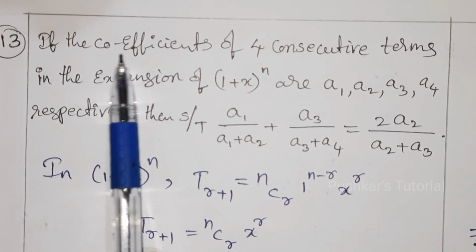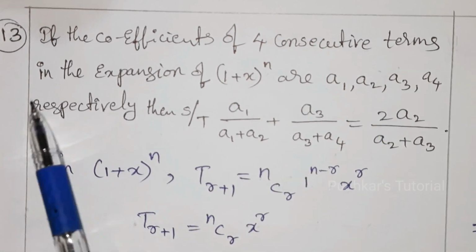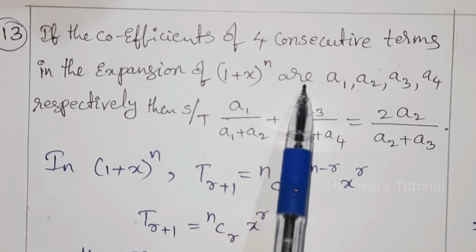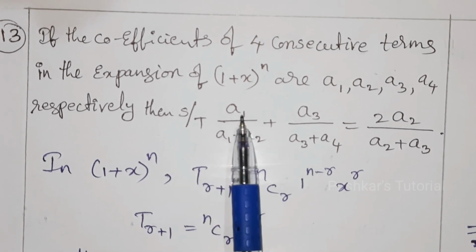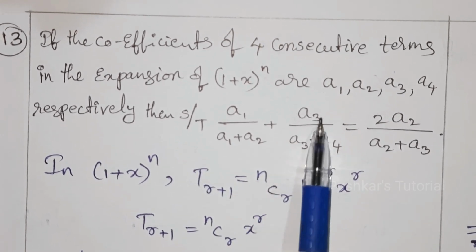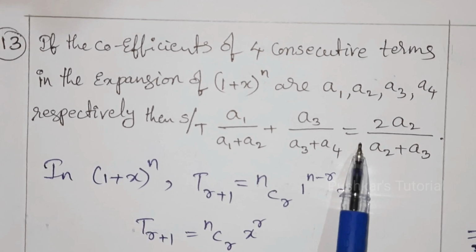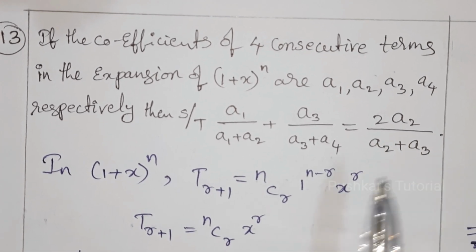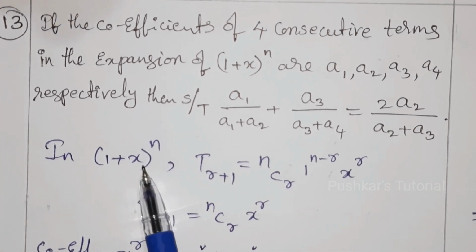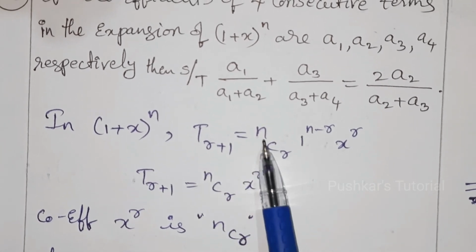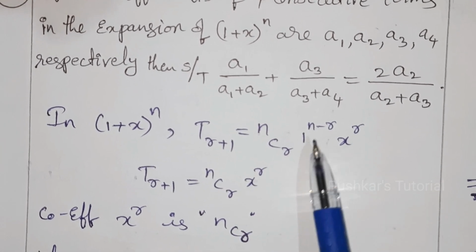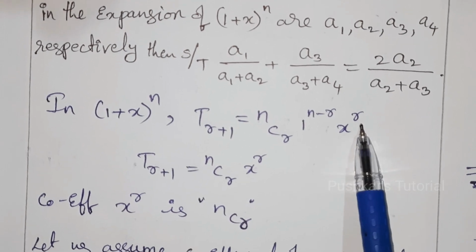Next, if the coefficients of 4 consecutive terms in the expansion of (1+x)^n are a1, a2, a3, a4 respectively, then show that a1/(a1+a2) + a3/(a3+a4) is equal to 2a2/(a2+a3). So in the expansion of (1+x)^n, the general term T(r+1) is equal to nCr, first term power n-r, second term power r.